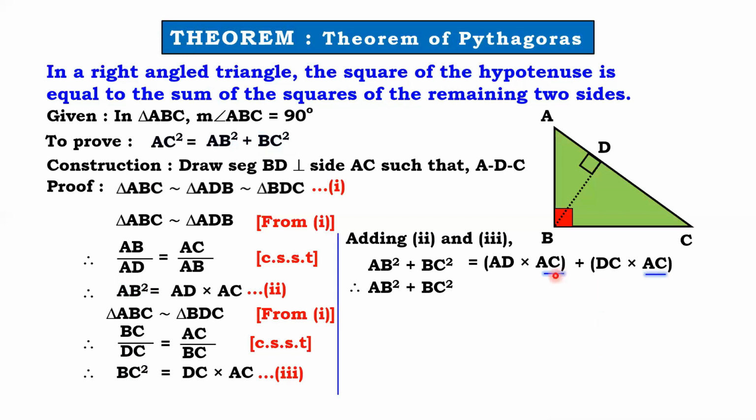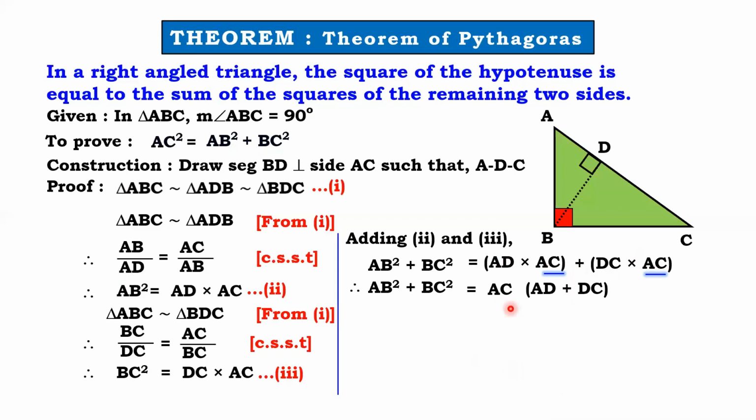Now if you see this, AC is here, AC is here, and in between there is a plus. So we can take AC common from both. Now if we take AC common, what are we left with? We are left with AD here plus DC here, so bracket AD plus DC.